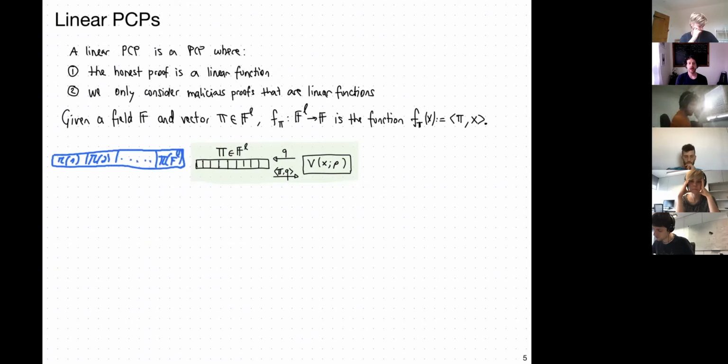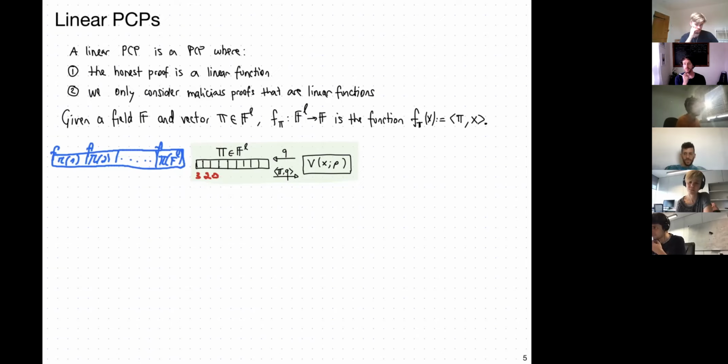Alternatively, I could think about the proof as being just this pi here, and each query just specifies: I want this element times 3, plus this element times 2, plus this element, plus 0, and return the value. Does this make sense? If there are any questions regarding that, please let me know.